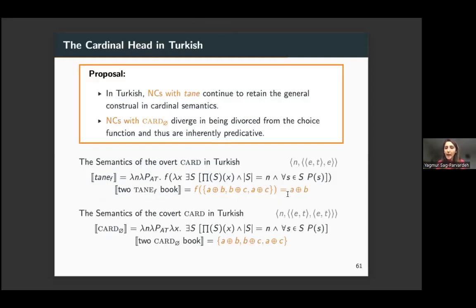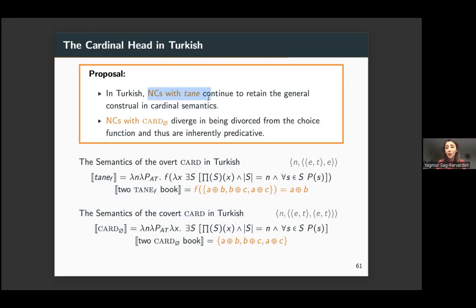But then you can ask what happened to our numeral constructions without tane? How can they be indefinite then? Here is my claim. Since we have two forms of the cardinal head, somehow Turkish found a way to free one of the forms of this restriction, of being indefinite. In other words, we developed one of our numeral constructions in a way that it is free of the choice function.